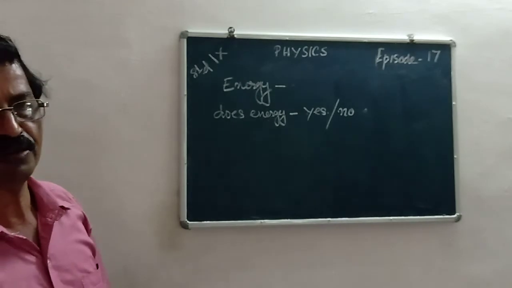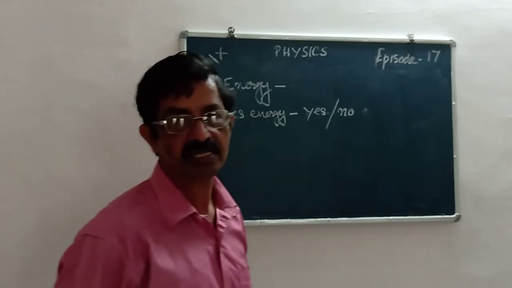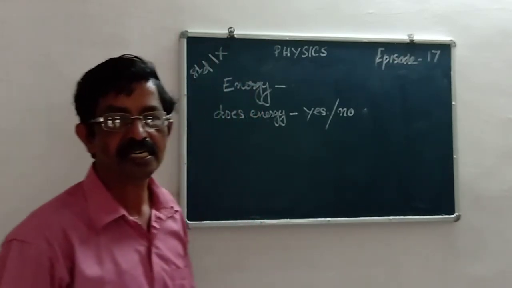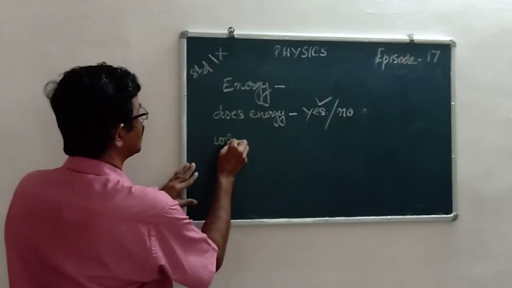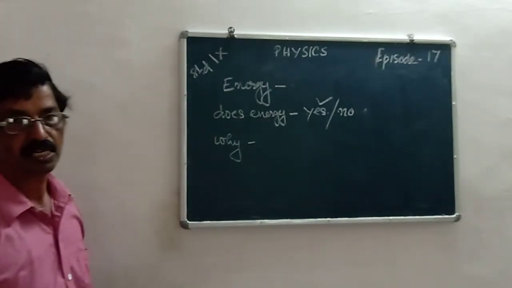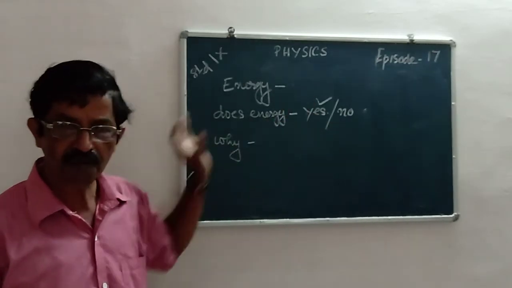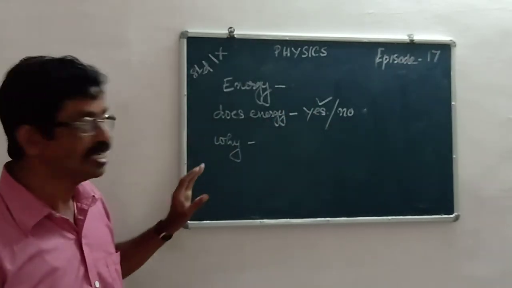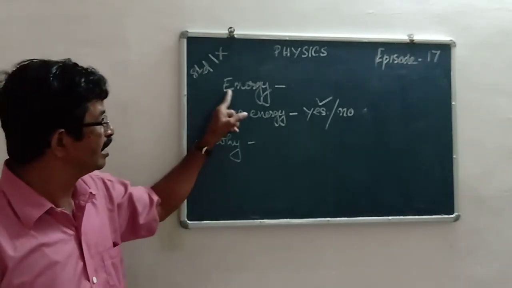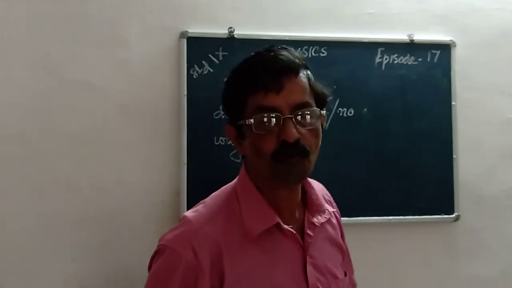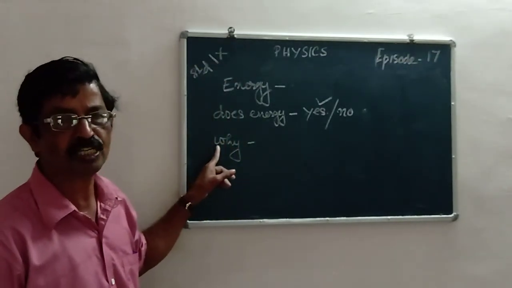Which answer will you select? Is energy required to do work? The answer is yes. If you are giving yes, why? You selected yes. Then why? What is the answer for why? Because energy is the capacity to do work. So the answer is: energy is the capacity to do work.